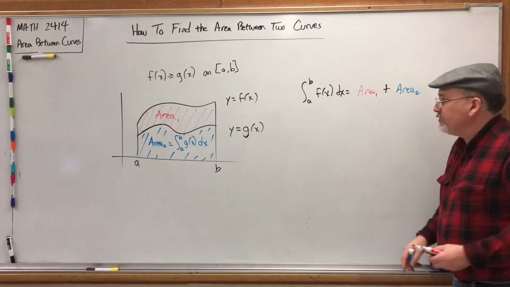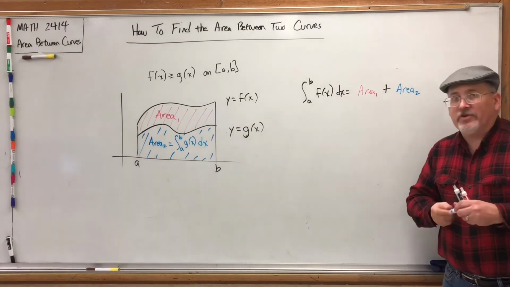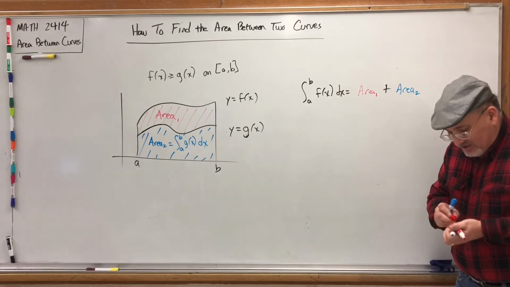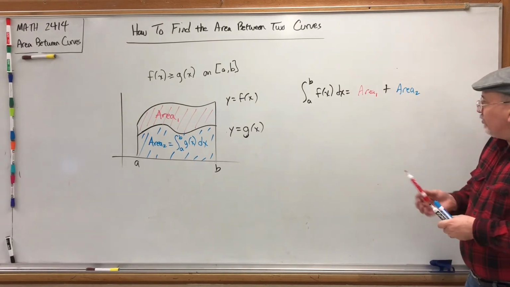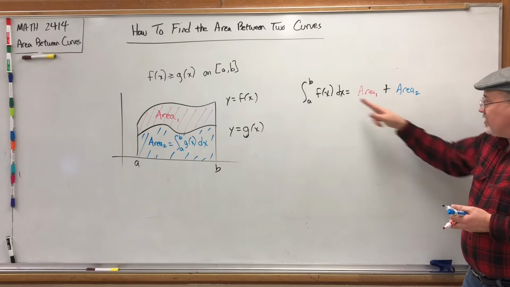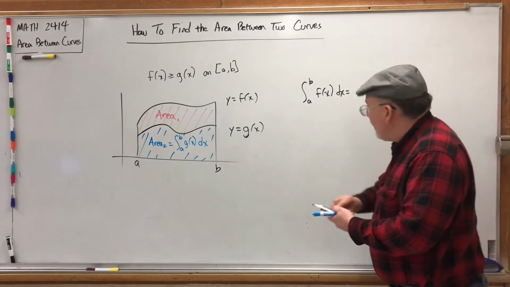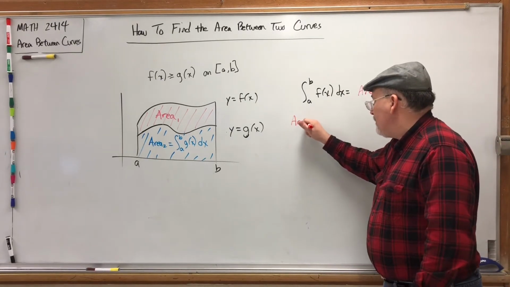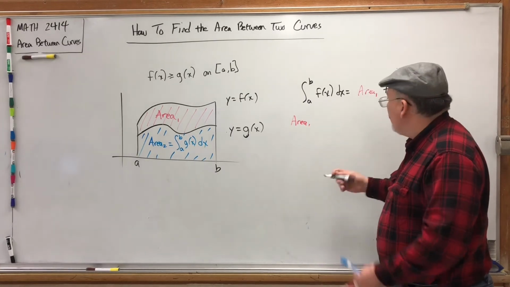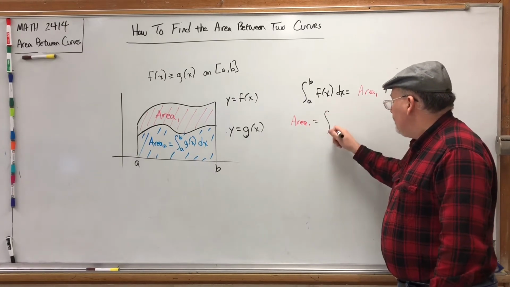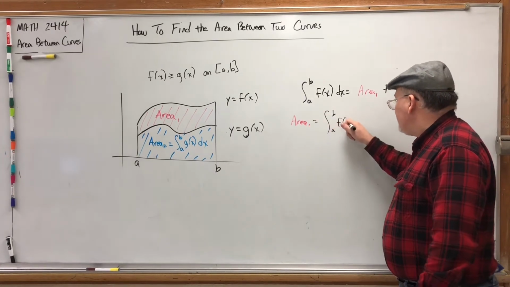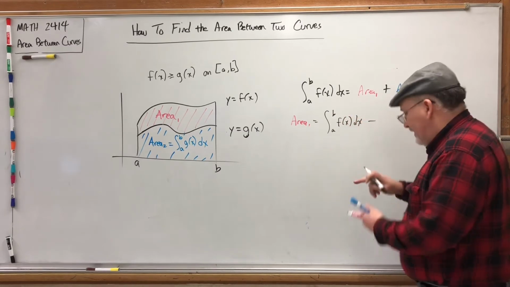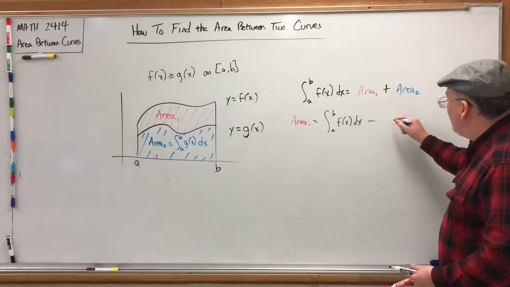Because together, those make up the entire area underneath the graph of y equals f of x. But what we want to know is what the red area equals, so we can just subtract this area from both sides. And we can come up with that the red area is going to be the integral from a to b of f of x dx minus the blue area.